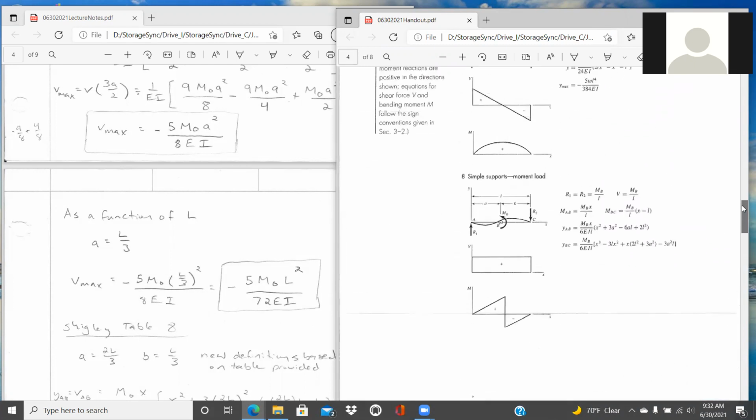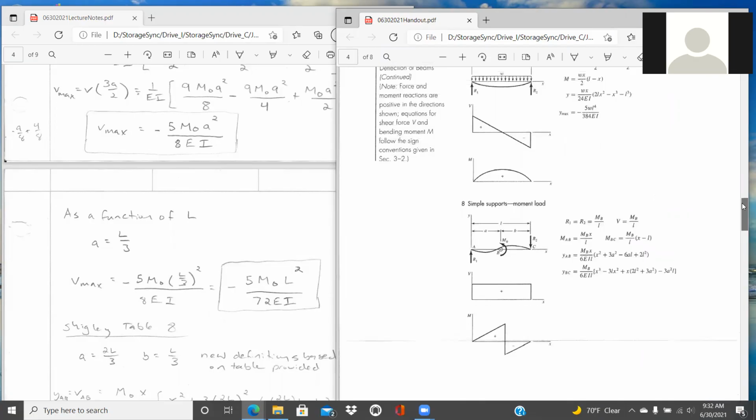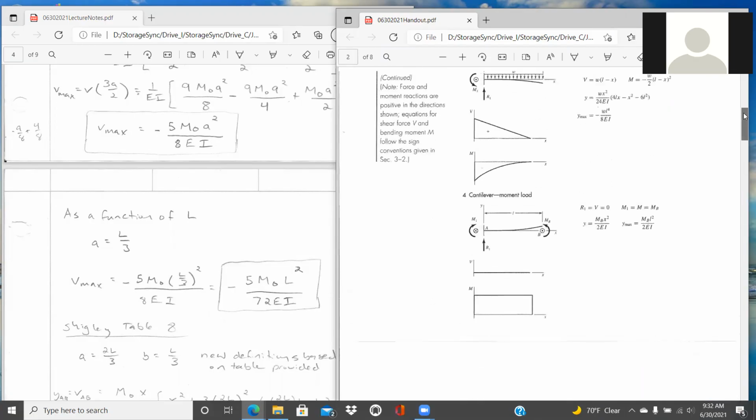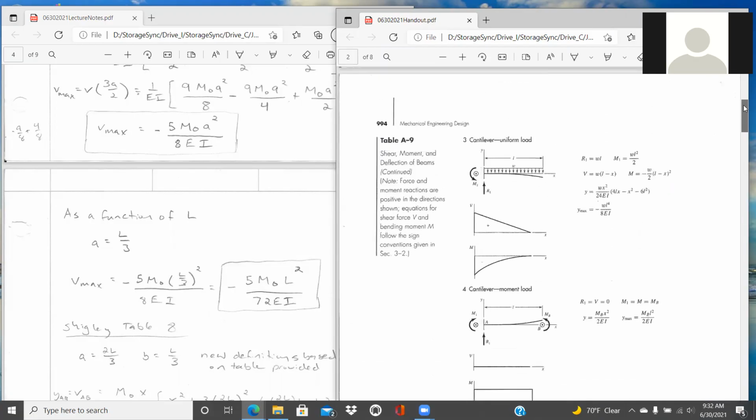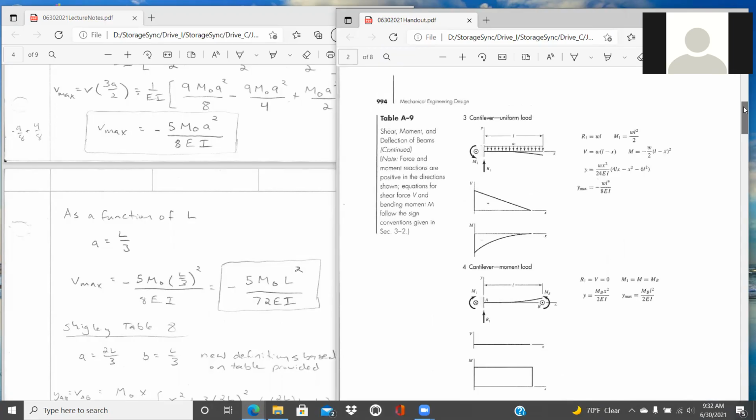And I'm going to go back just a little bit. We had looked at a cantilevered beam with a distributed load yesterday or on Monday, and just giving the layout of how Shigley's notation is set up.